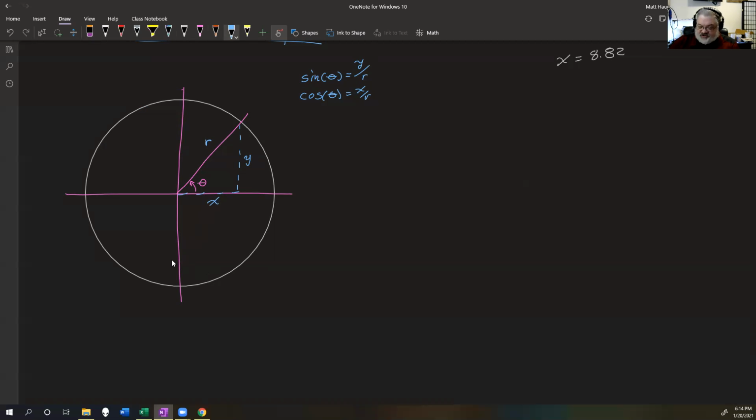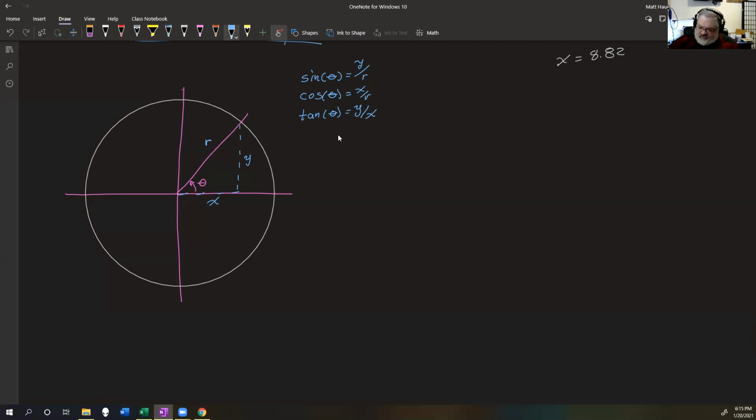We have our x as an adjacent and our hypotenuse as that radius r. What would that make tangent? Opposite over adjacent would be y over x.